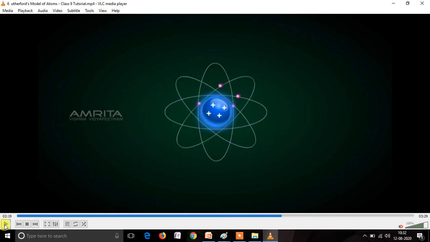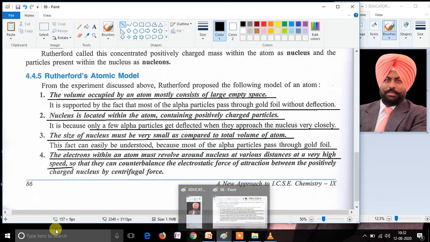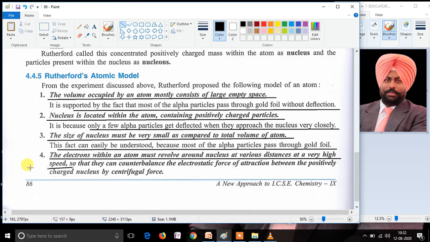Here you can see the positively charged blue sphere, which is the nucleus, and the pink colored electrons are revolving continuously around the nucleus. So these are the conclusions which were given by Rutherford from his experiment.